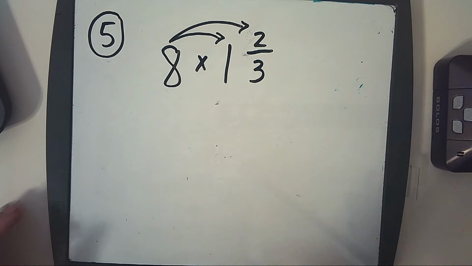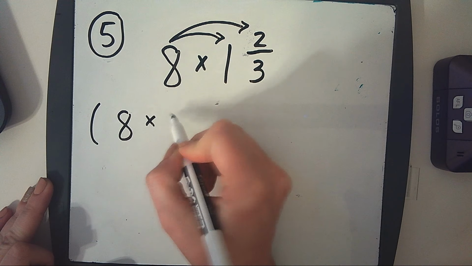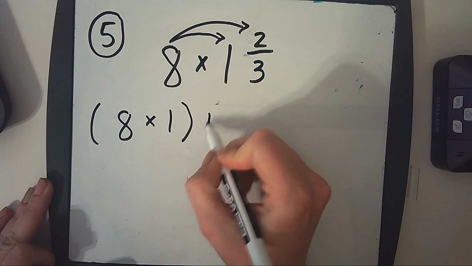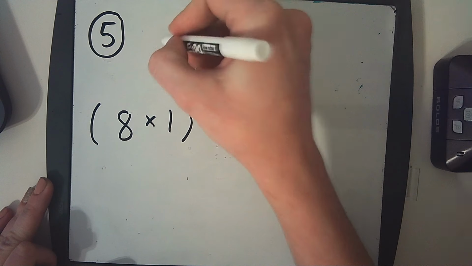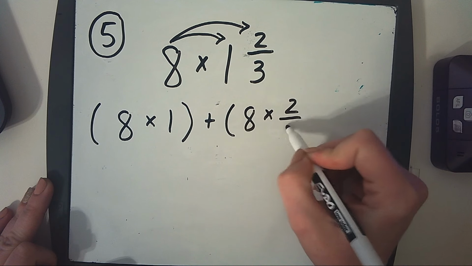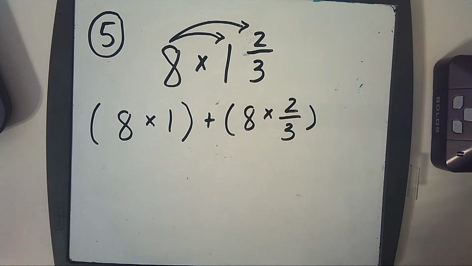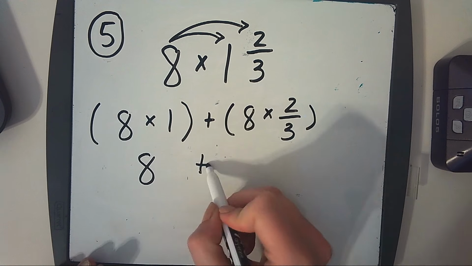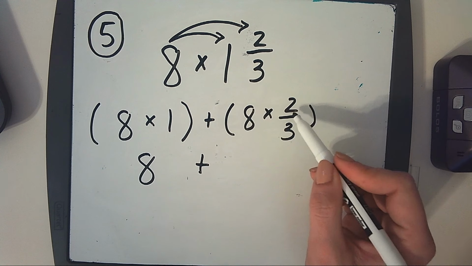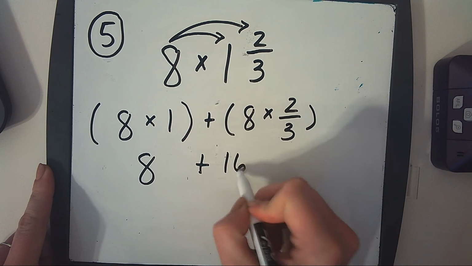First, I'm multiplying 8 times 1 plus my next equation, which will be 8 times 2/3. 8 times 1 is the easiest thing you're going to do all day. It's just 8 plus 8 times 2/3. 8 times 2 is 16 over our denominator of 3.